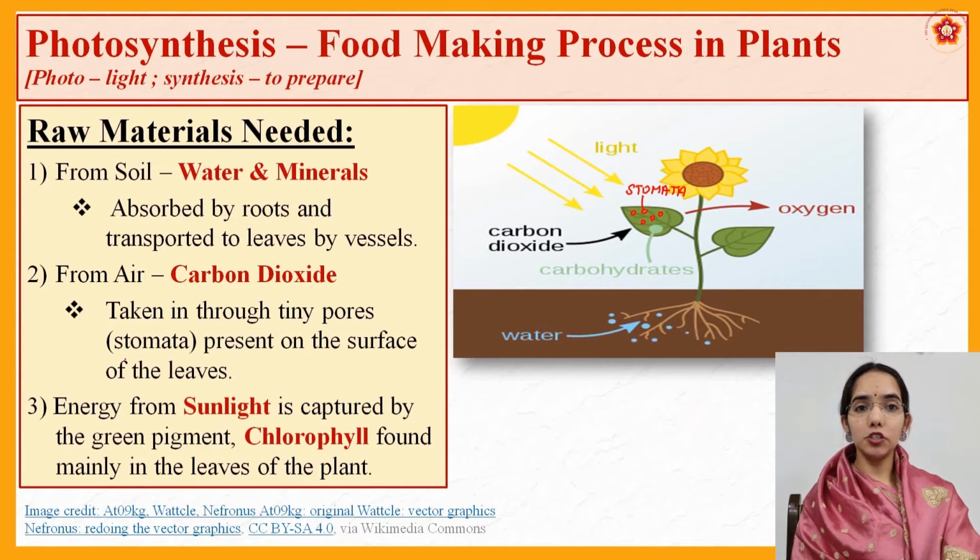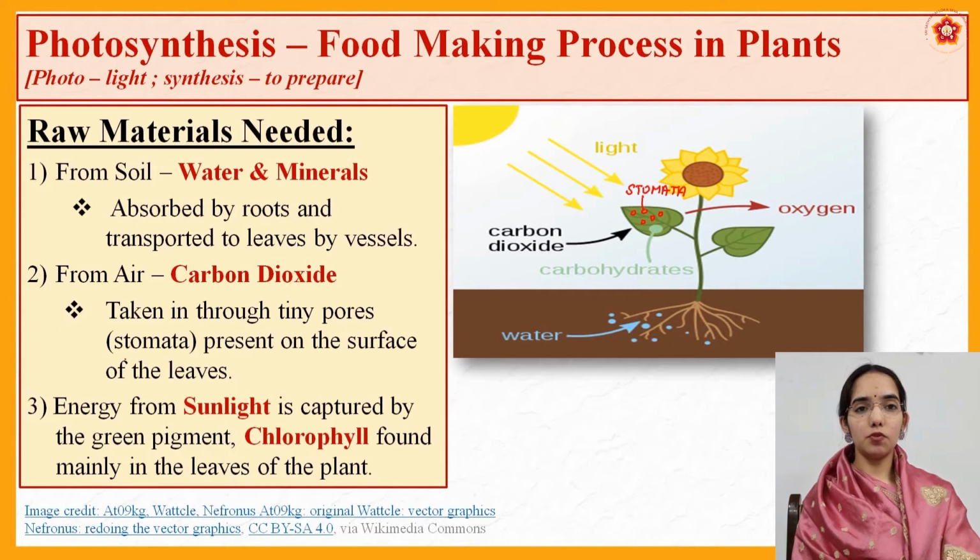So energy from sunlight is captured by a green pigment called chlorophyll. It is because of this green pigment only that the leaves have this green color. This chlorophyll will capture the sunlight, and the raw material then will get converted into plant food.